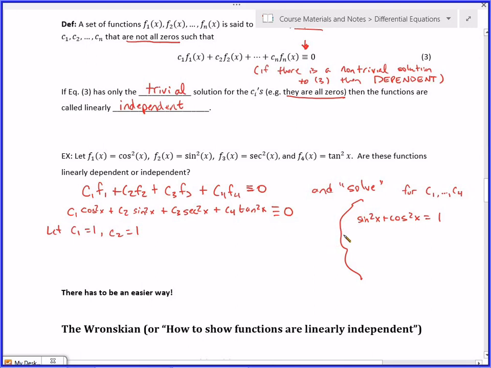Secant squared x is equal to 1 plus tangent squared x, I think that's right. Yes. If I divide this through by cosine squared, I get tangent squared of x plus 1 equals secant squared of x.